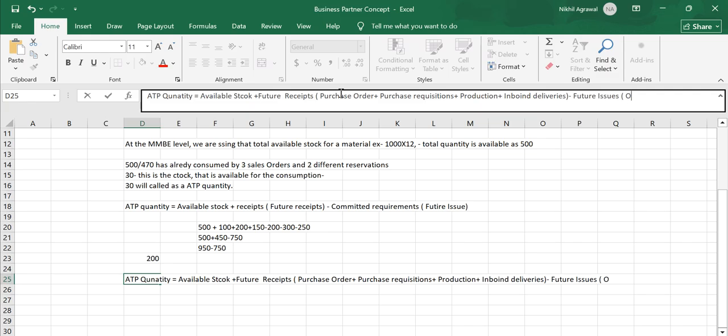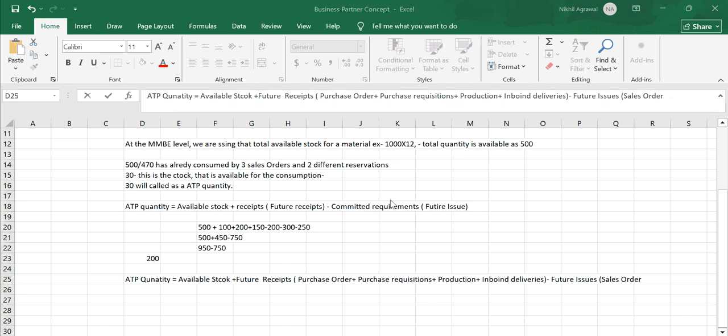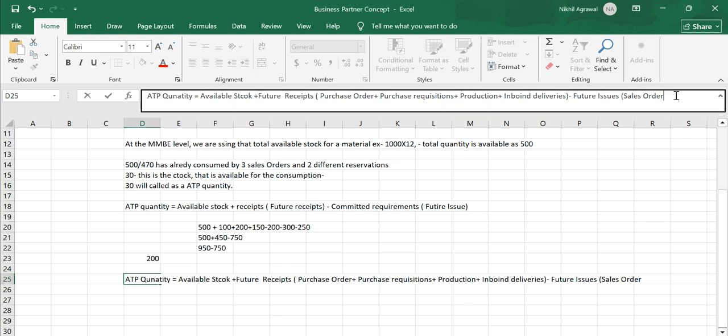Future issues means sales orders, plus outbound deliveries, plus reservations.